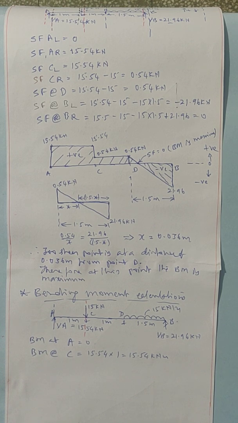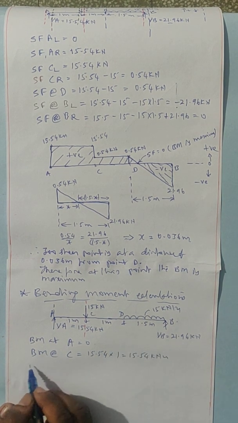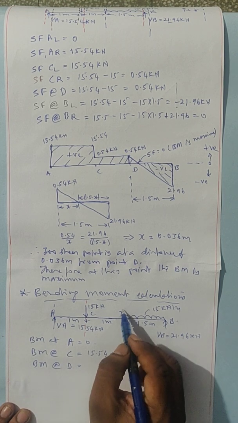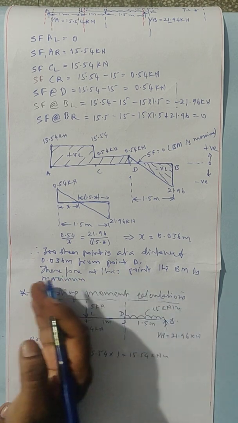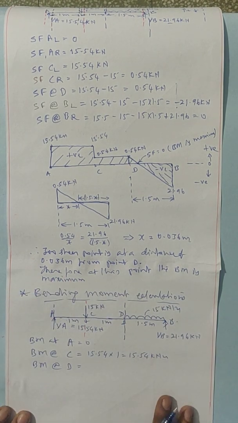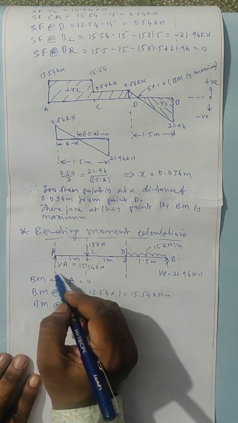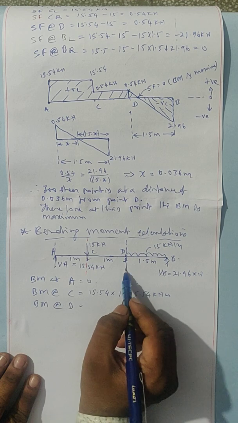Next, the bending moment at D. Now my section line is here. I have to consider all the left portion, left of this section line. Now VA will create clockwise moment about D, then VA into this distance 2.